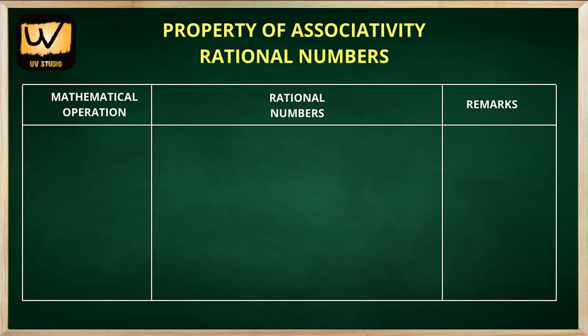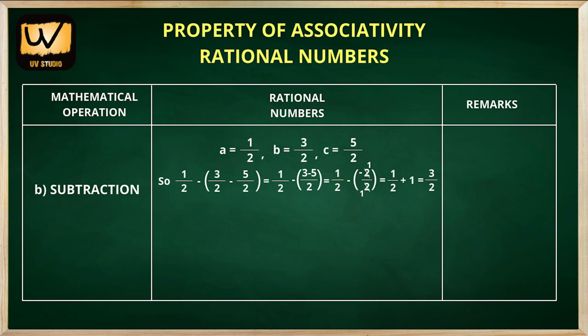Now comes the second mathematical operation, subtraction, and let the rational numbers be the same. A is 1/2, B is 3/2 and C is 5/2. Subtraction, let us take the left side: 1/2 minus (3/2 minus 5/2).